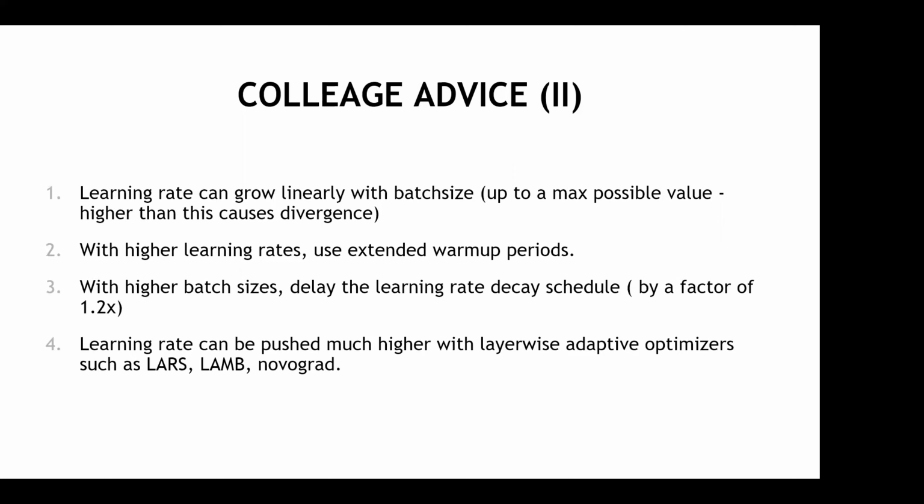Learning rate can be pushed much higher with layer-wise adaptive optimizers, like LAMB, Novograd together with LARS. And that tells us to always use those, because then you have the best chance to finish your job early.